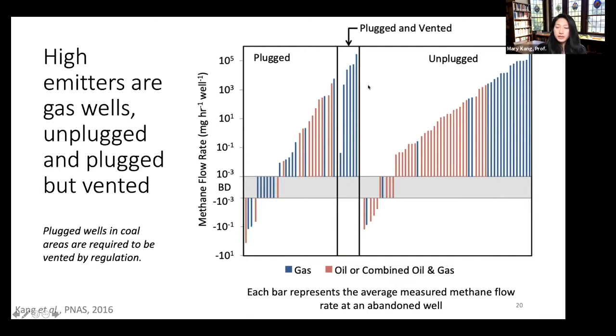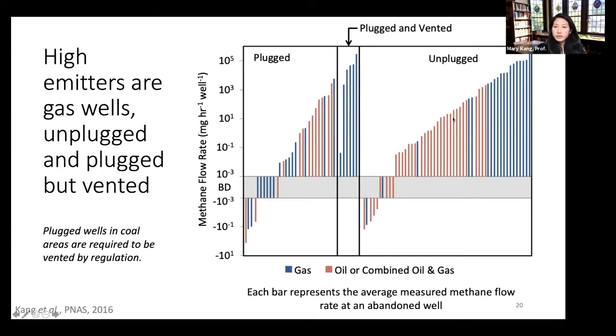The blue bars here represent methane flow rates at individual abandoned gas wells, and the red ones represent measurements at oil or combined oil and gas wells. As you can see, the blue bars are likely to be higher than the red ones, and the highest bars are all blue. So high emitters are more likely to be gas wells.